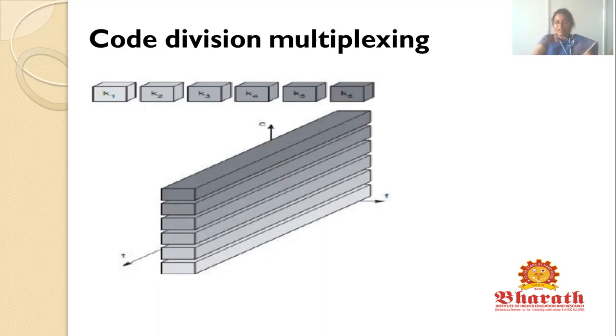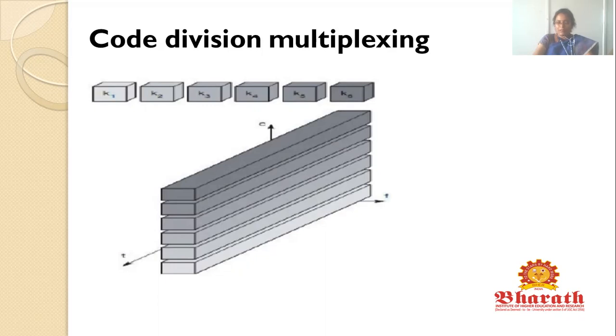The main advantage is protection from interference and tapping, because only the sender and receiver know the spreading code, so we can protect the data. This system is widely used in second generation and third generation wireless communication systems.